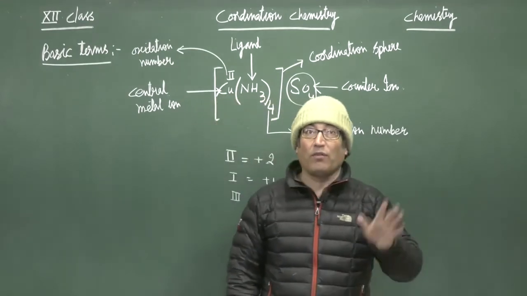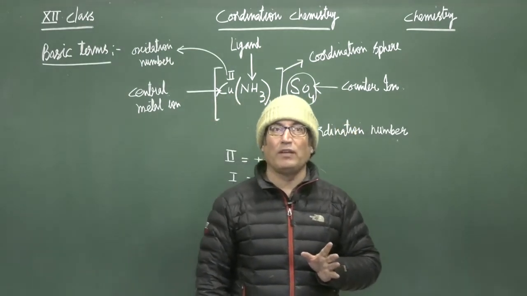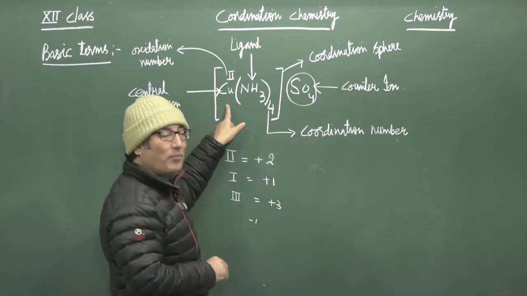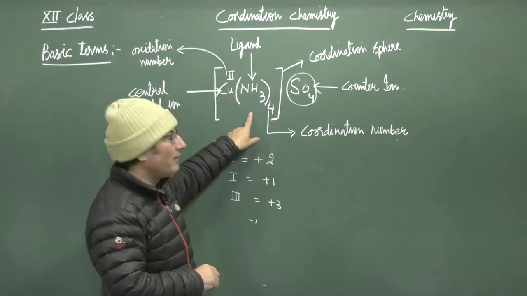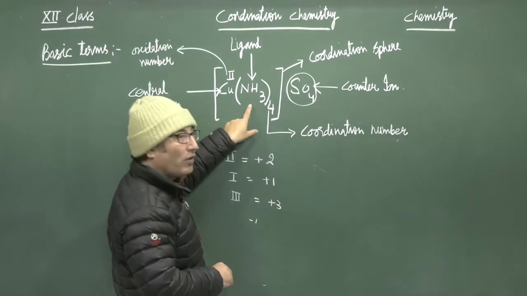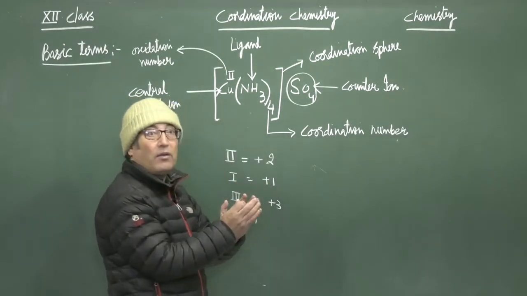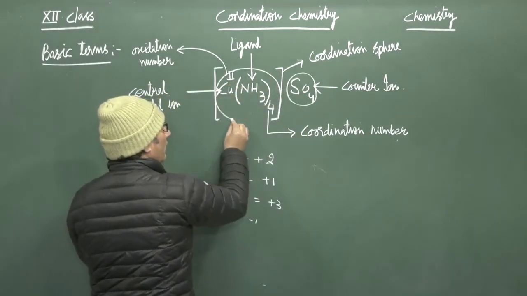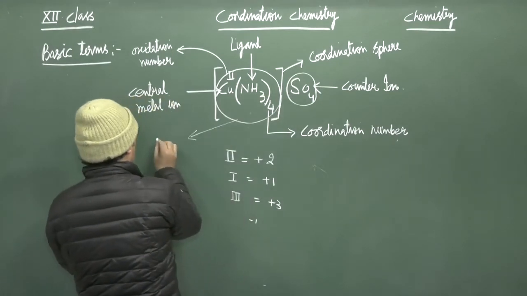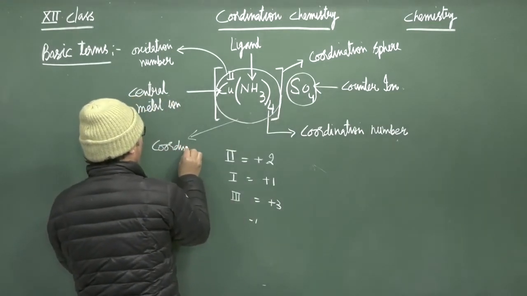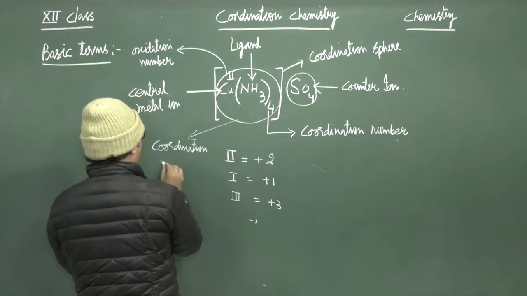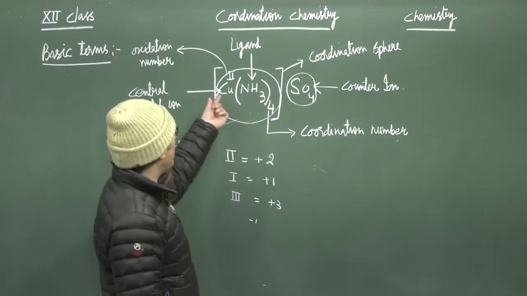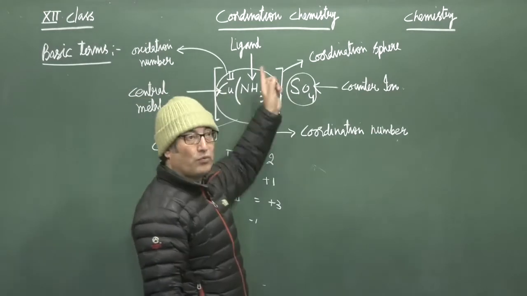Throughout coordination chemistry, we'll be using the coordination sphere, and it encloses the central metal ion and the ligands. The central metal ion and ligands, collectively put within square brackets, is called the coordination entity, which is one more basic term. So the coordination entity is made up of the central metal ion and ligands, which you put within square brackets.